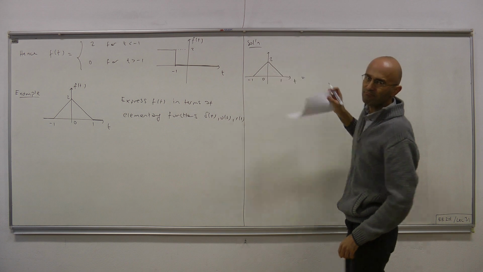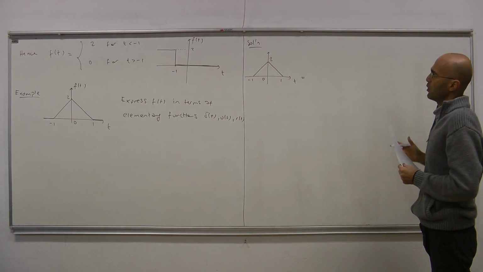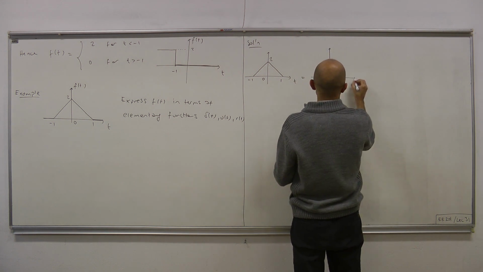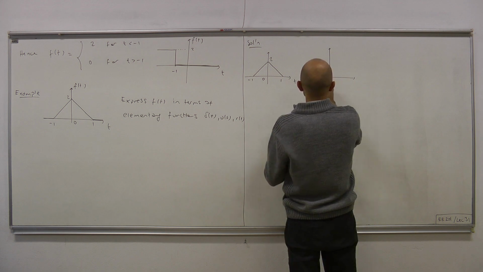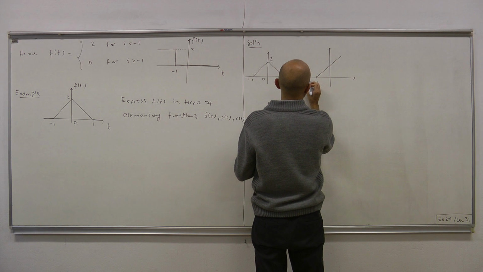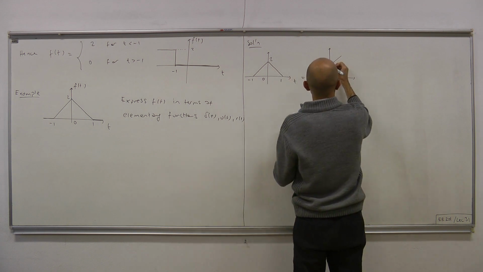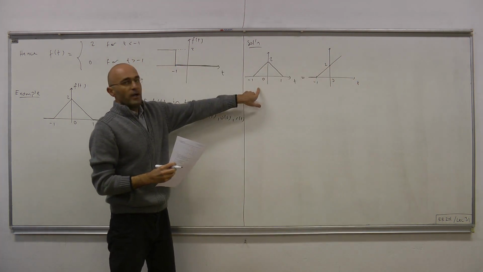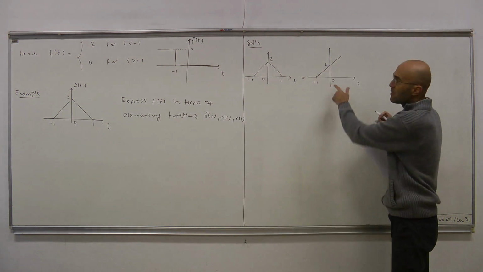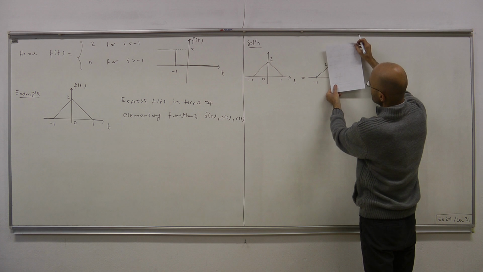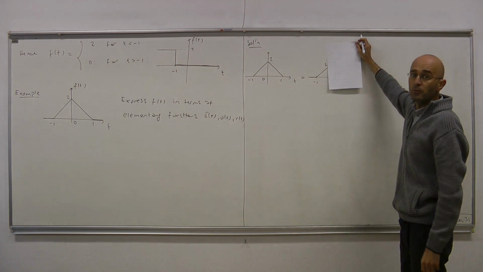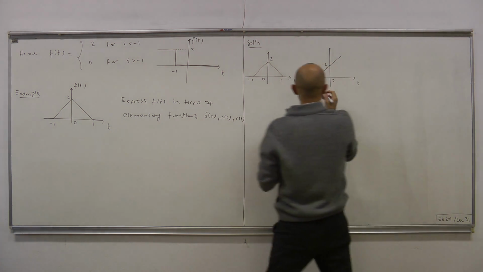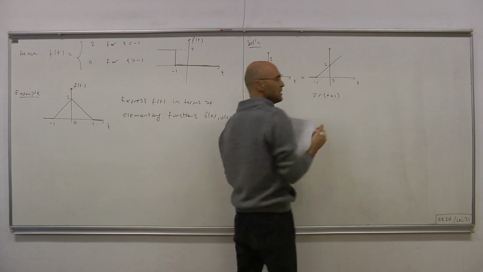You can always modify the argument accordingly. So at least until t equals 0, this function f of t can be realized by the waveform 2r(t plus 1).